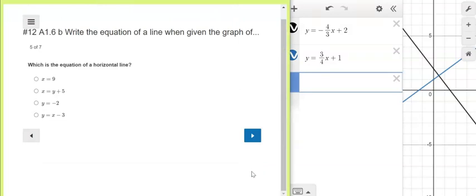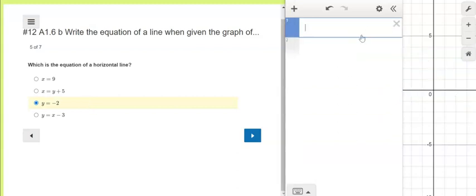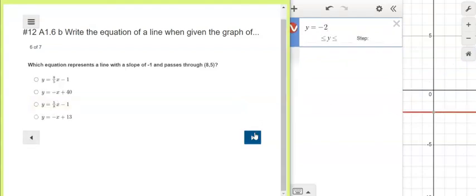Which equation has a horizontal line? So that's y equals a constant, right? Horizontal has a 0 slope, but you can always check and make sure. Yep, horizontal line. Which equation represents a line that has a slope of negative 1 and passes through 8, 5? Okay, so it has to be between the second one and the last one.